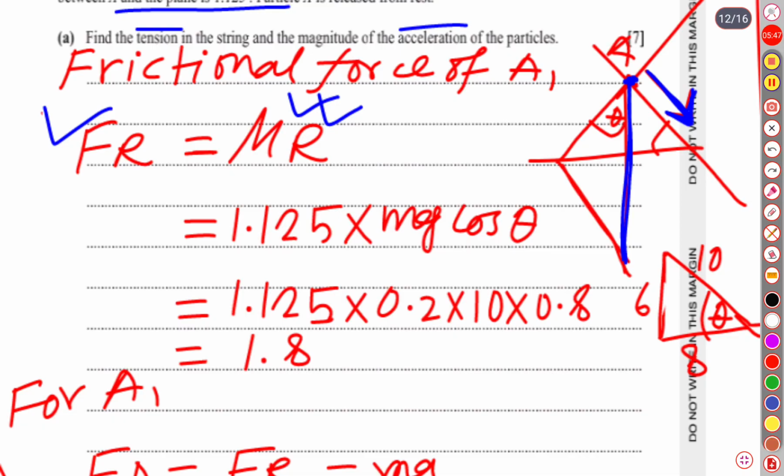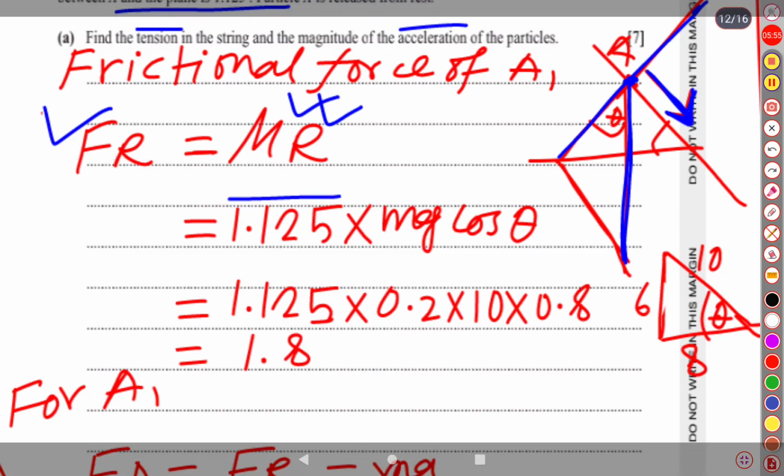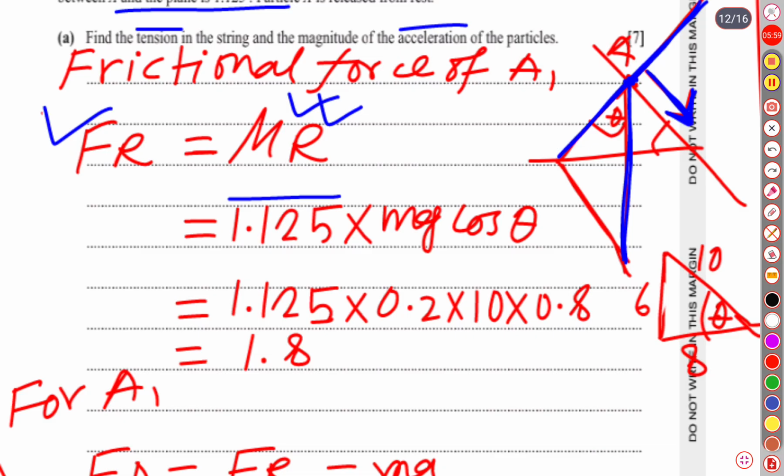So mu is our coefficient of friction, and R is the normal reaction force, which is perpendicular to the plane. So we have written the value of mu as 1.125 times the normal reaction force.